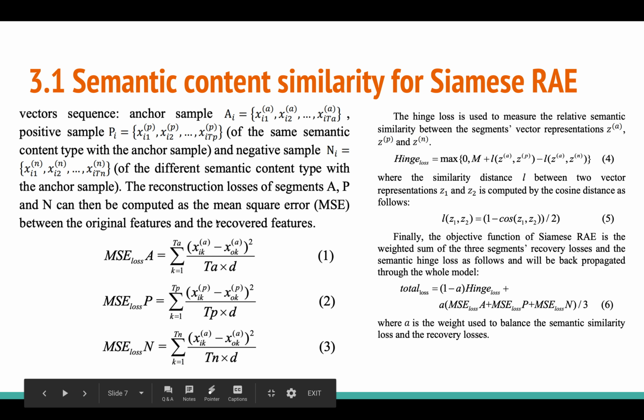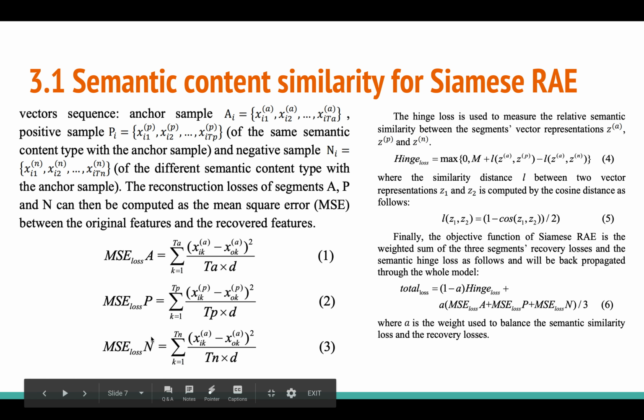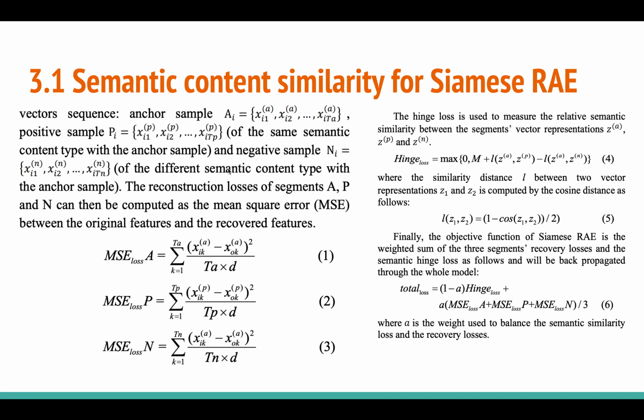This idea of anchor sample comes from triplet loss, which was invented for face clustering, and before that people were using hinge loss or other types of loss, contrastive loss. The concepts of anchor, positive and negative were introduced in that paper. So this is only about reconstruction loss, but we're also interested in the similarity between anchor and negative sample, and anchor and positive sample.